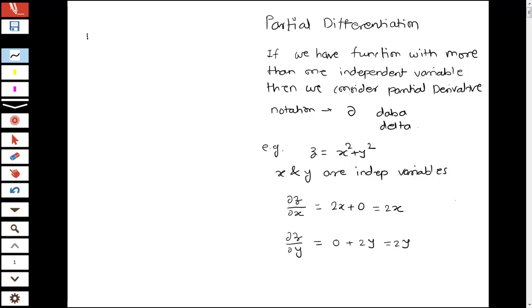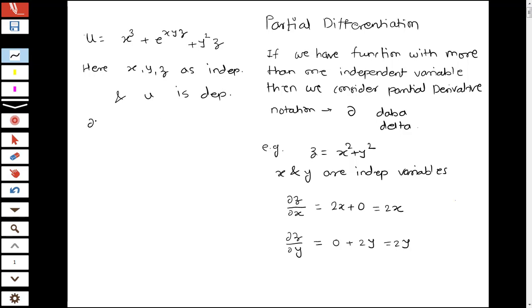Let's consider one more example. Suppose we have u is equal to x cube plus e raised to xyz plus y square z. And here we have x, y and z as independent variables and u is the dependent variable.